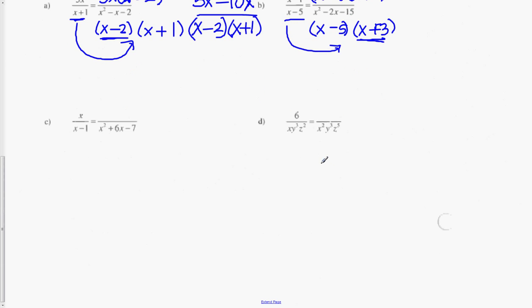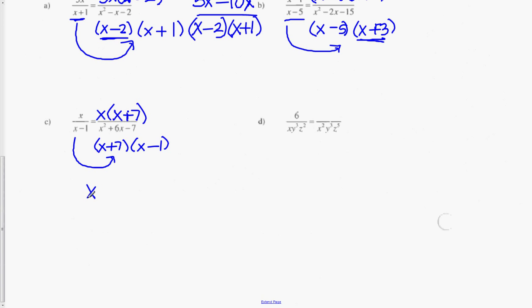Okay, let's look at E down here. I'm sorry, C. I don't have this side factored, so we need factors of -7 that add up to a +6. So that would be +7 and a -1. So from the old denominator to the new, I'm missing x plus 7. So I need to take x times x plus 7.